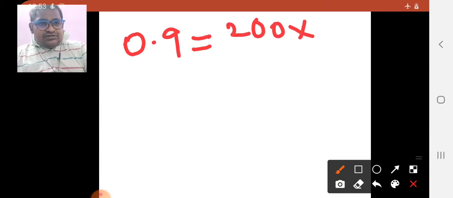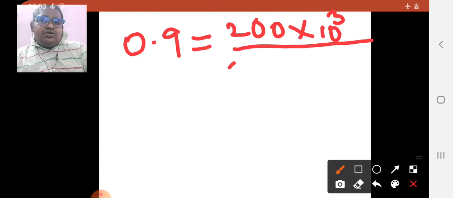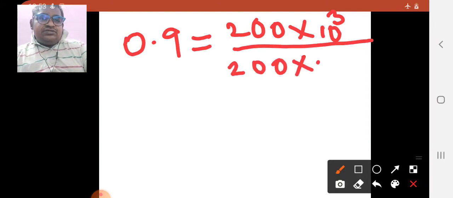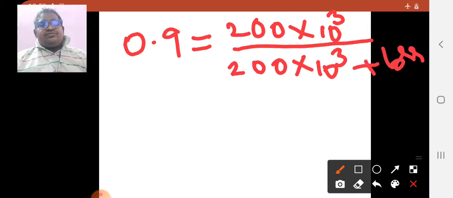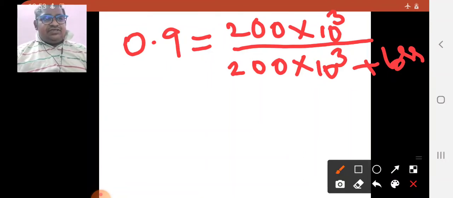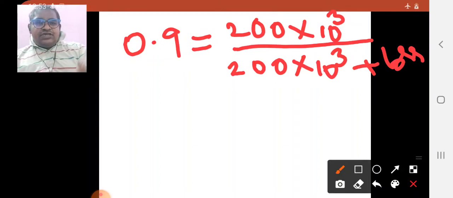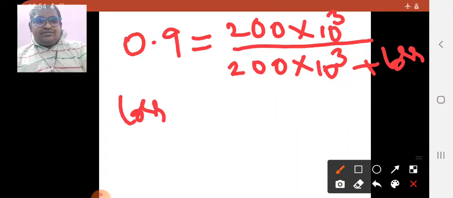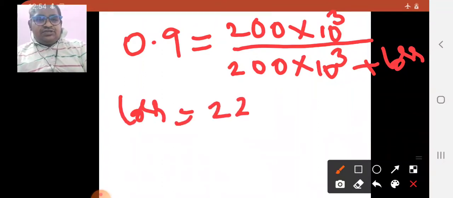So 0.9 is equal to 200 into 10 cube divided by 200 into 10 cube plus losses. From this equation find the value of loss. The loss is approximately 22,222 watts.